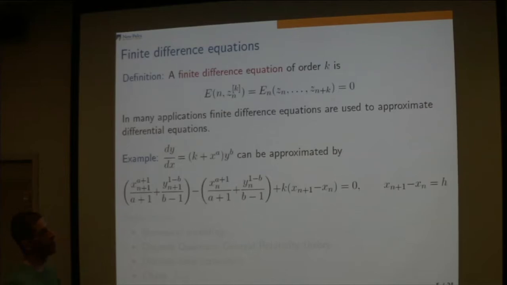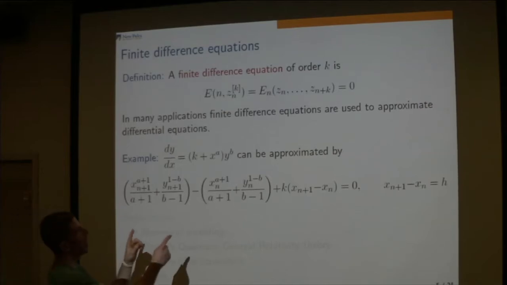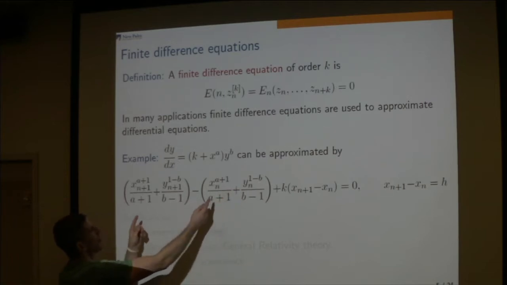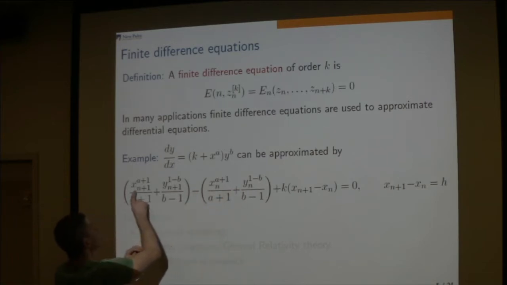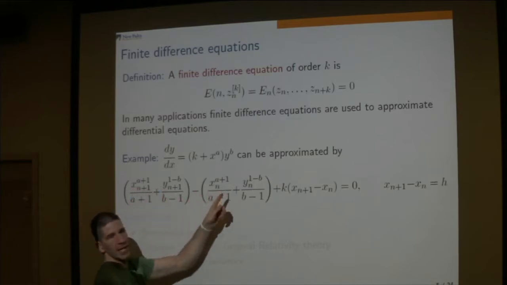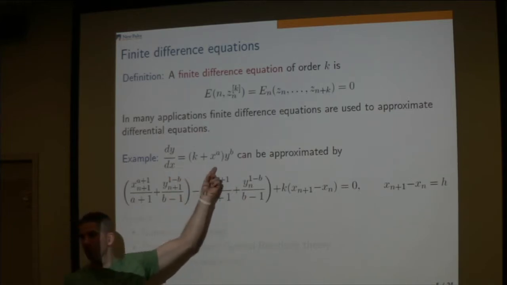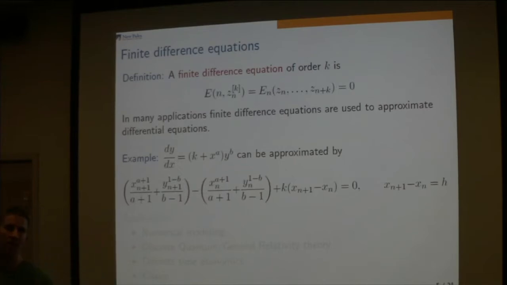Okay? And it's not obvious, but as x_{n+1}, y_{n+1} approaches x_n, y_n, so as they get closer and closer, this in the limit will actually converge to the differential equation. So it's not obvious, but that's the case.